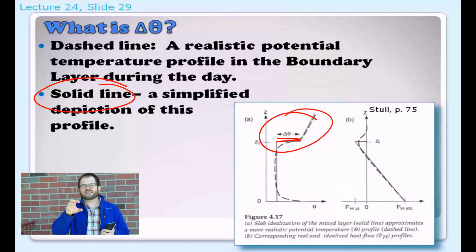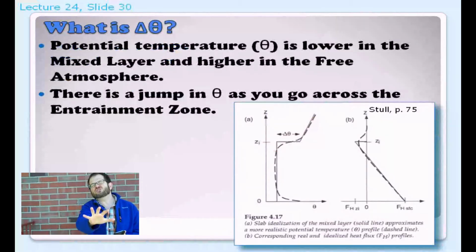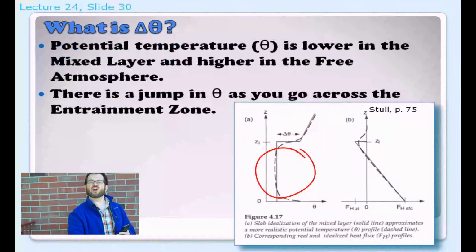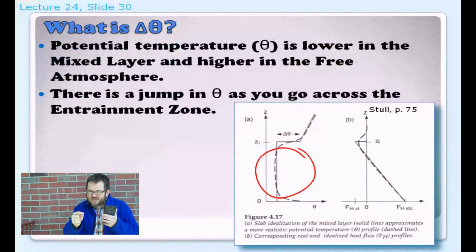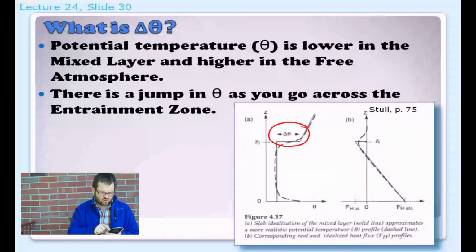Delta theta here is the difference in the potential temperature. See, here's the deal. The potential temperature is lower in the mixed layer, and the potential temperature is higher in the free atmosphere. And the area right between them, that little capping inversion, or that little entrainment zone, isn't very big. So delta theta is just that little jump in theta as you go from the mixed layer up into the free atmosphere.